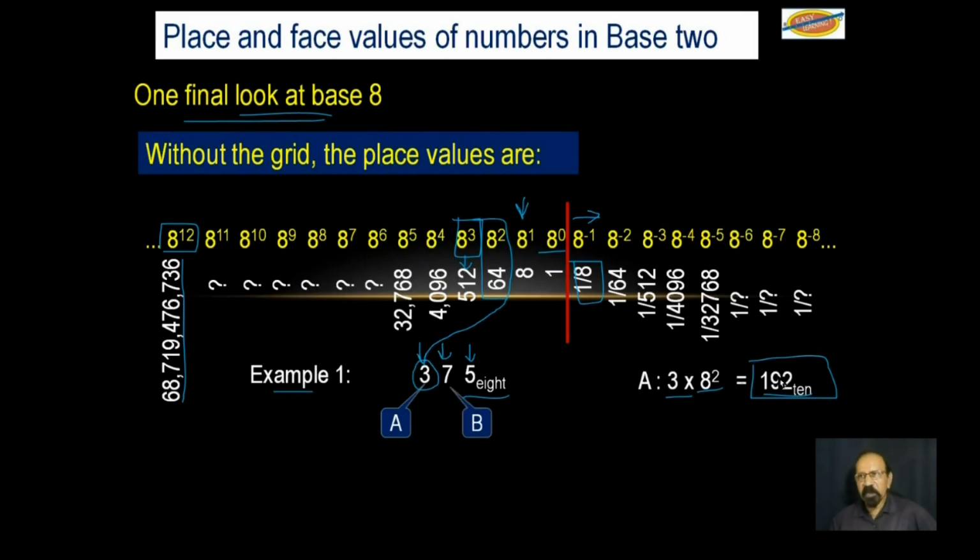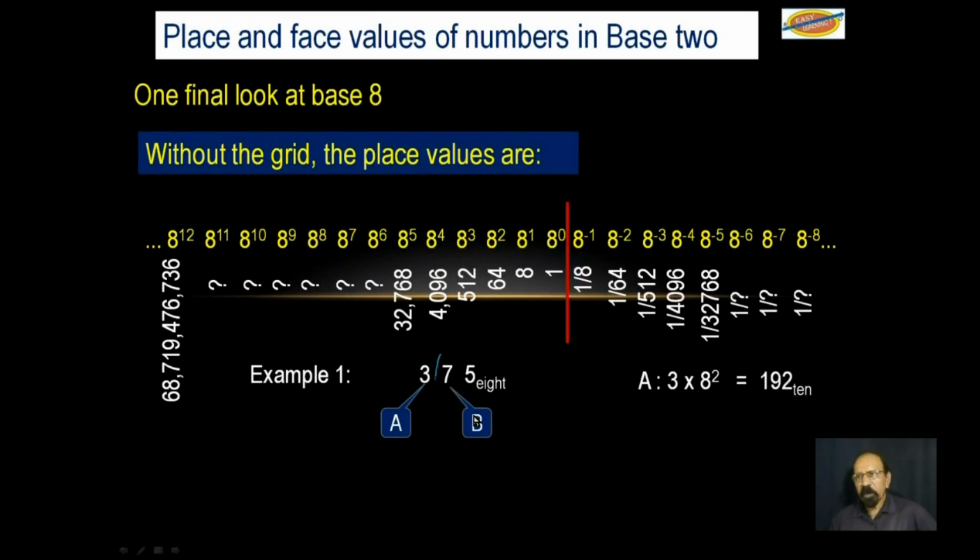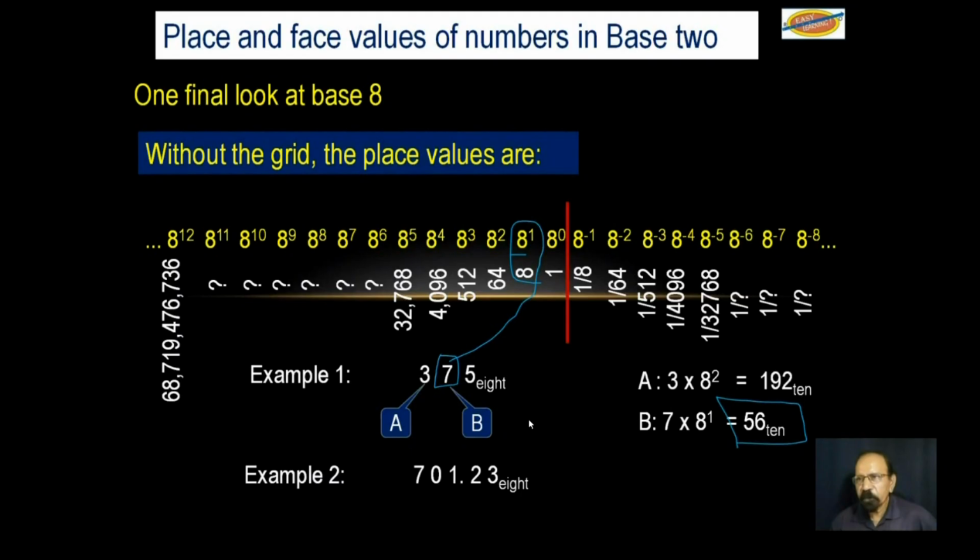If we consider the 7, this will be 8 to the 1st power, which will take us here. And so the face value is 7, the place value is 8, the base 10 equivalent of that is 7 times 8. We will look at one more.